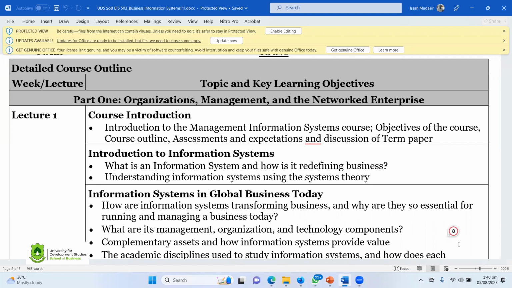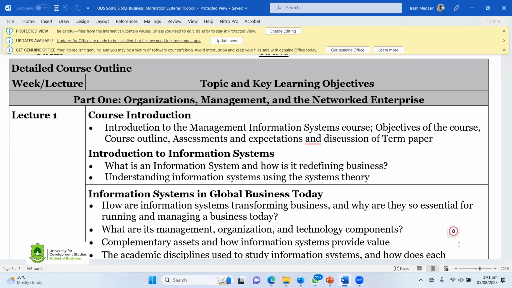So we will look at the MIS in the context of individual organizations, management within organizations, and in the context of what? A networked enterprise.